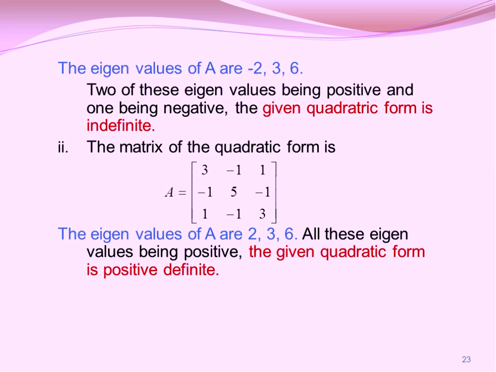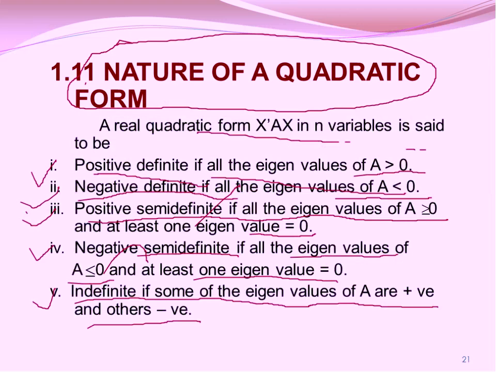From this characteristic equation we obtain the eigenvalues. You can try solving it at home, but directly, the eigenvalues of this matrix are minus 2, 3, and 6.